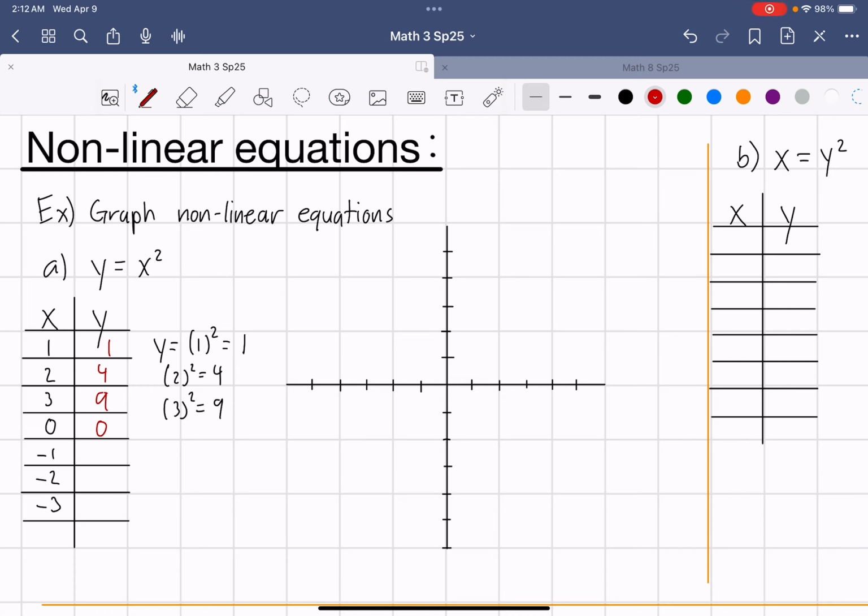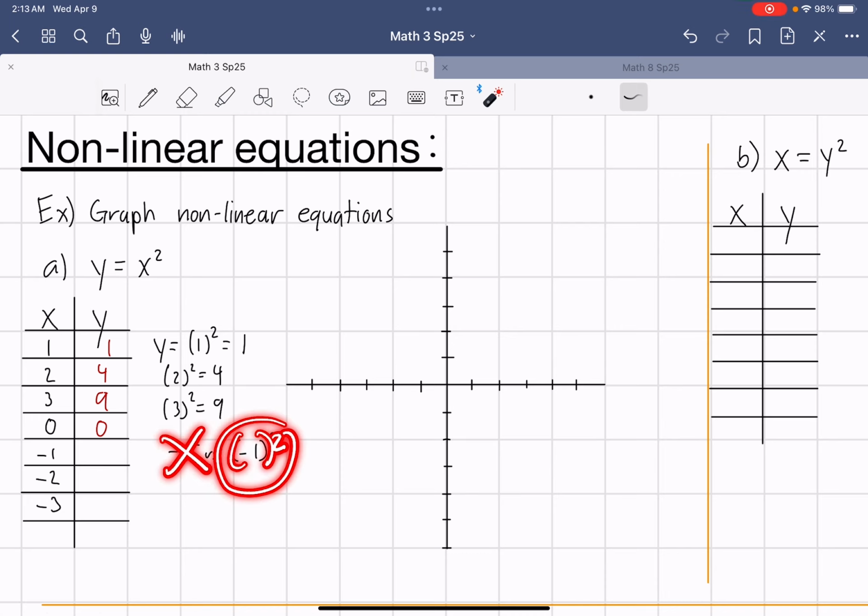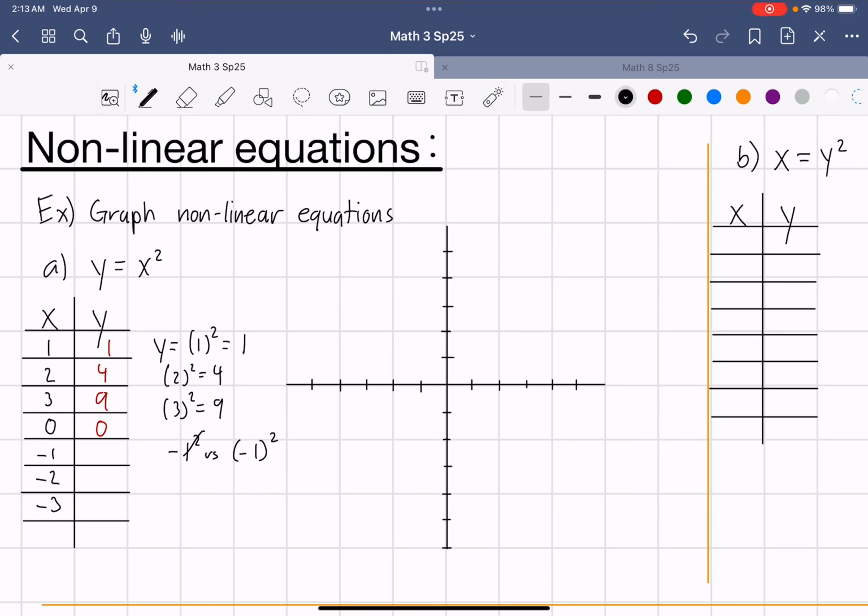0 squared is 0. Now this one you have to be careful when it comes to negatives. Don't just write negative 1 squared versus negative 1 quantity squared. Now, what we're doing in this example is negative 1 in parentheses squared, not negative 1 then squared.